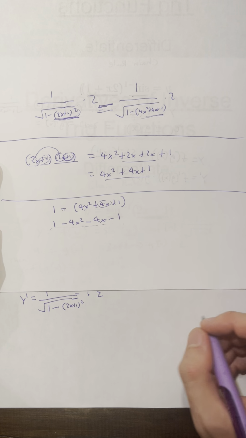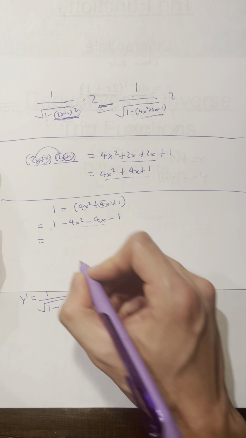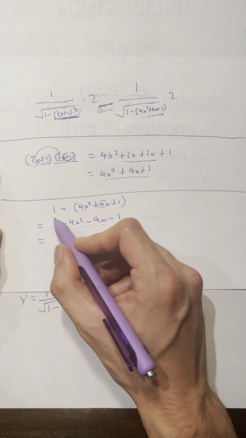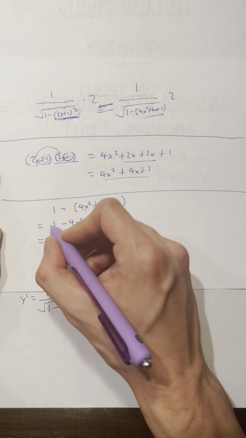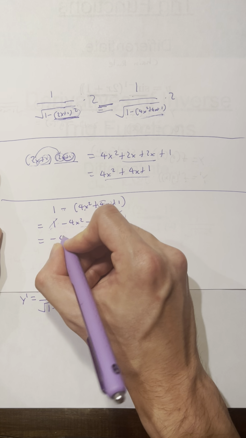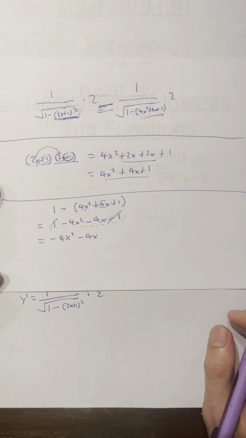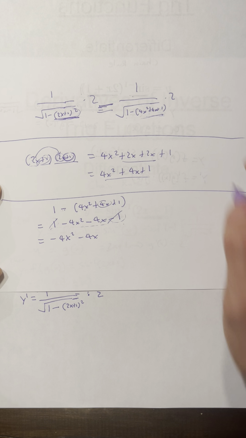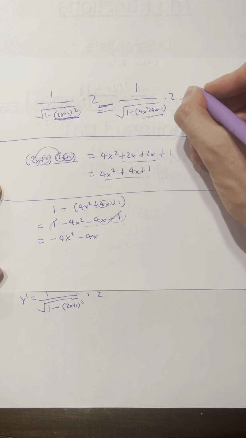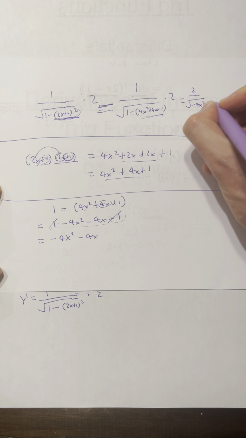What does this simplify as? It's equal to, well, 1 minus 1 is 0. So you just cross these out. And we have negative 4x squared minus 4x. Okay, cool. So this fraction is going to be equal to 2 over square root of negative 4x squared minus 4x.